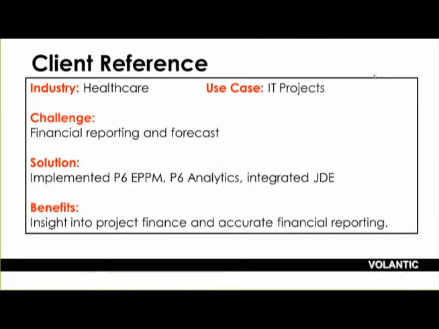Having that insight and that forecast to look forward is really powerful. J.D. Edwards is an ERP system for accounting and so on, and is really great for documenting what has happened in the past. And then P6 EPPM and P6 Analytics give you that forward-looking planning view for financial forecasts and so on. The benefit they got out of that is a lot more insight into their financial planning and project finances.